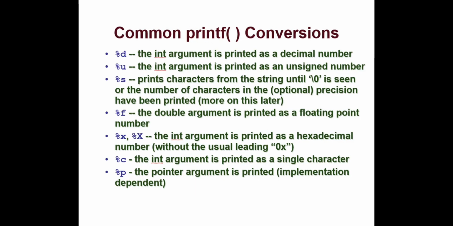Common printf conversions. %d: the int argument is printed as a decimal number. %u: the int argument is printed as an unsigned number. %s prints characters from a string until the end of the string is seen or the number of characters in the optional precision have been printed. %f: the double argument is printed as a floating point number. %x: the int argument is printed as a hexadecimal number. %c: the int argument is printed as a single character.